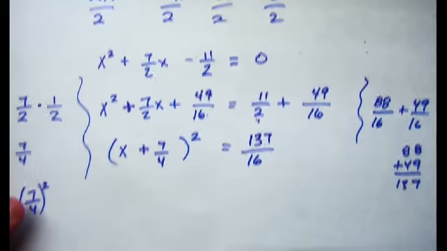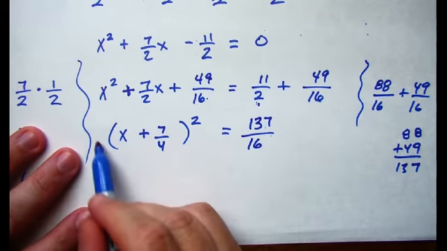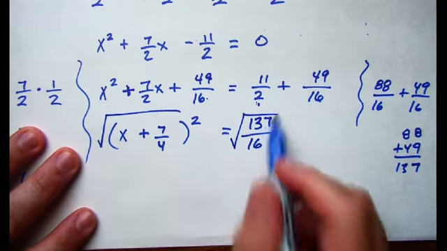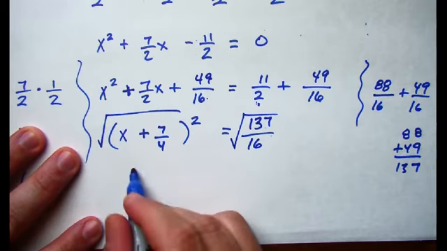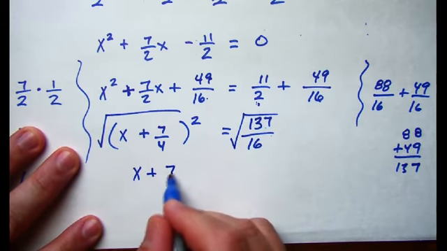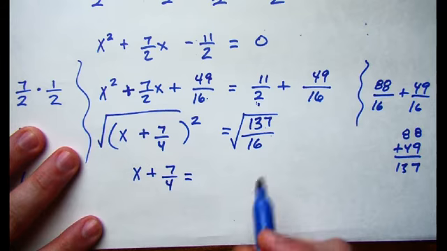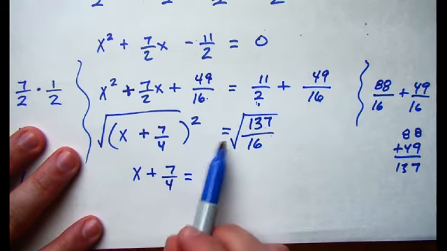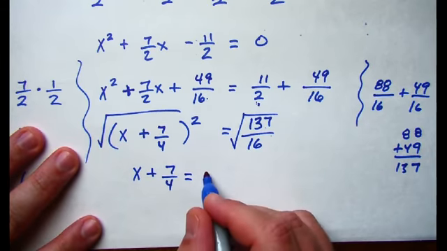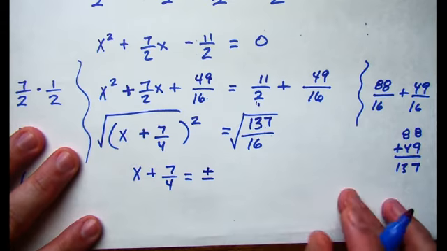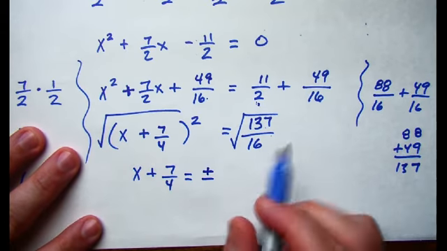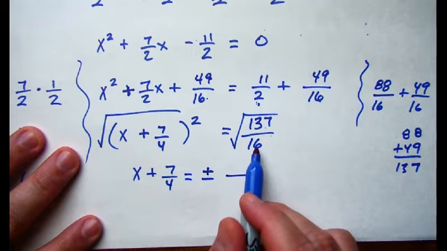Okay, now we can take, just like the other ones now, square roots on both sides. So that square root will undo the square. And since we're taking the square root on both sides, remember when I square something that it could be positive or negative to give me this value. Now, the 16 is going to work out really nice.